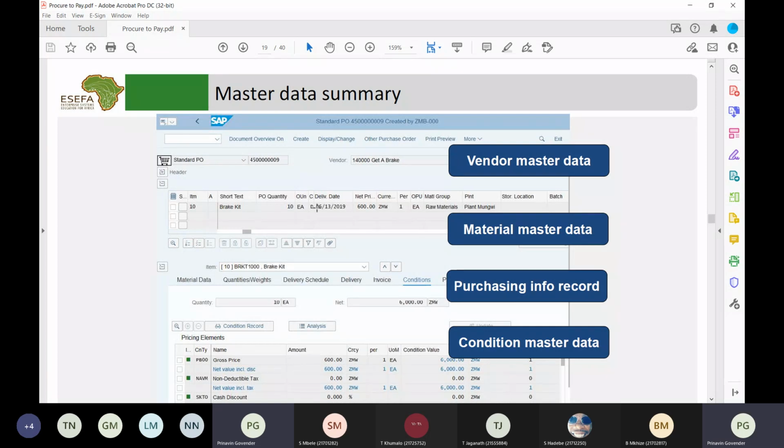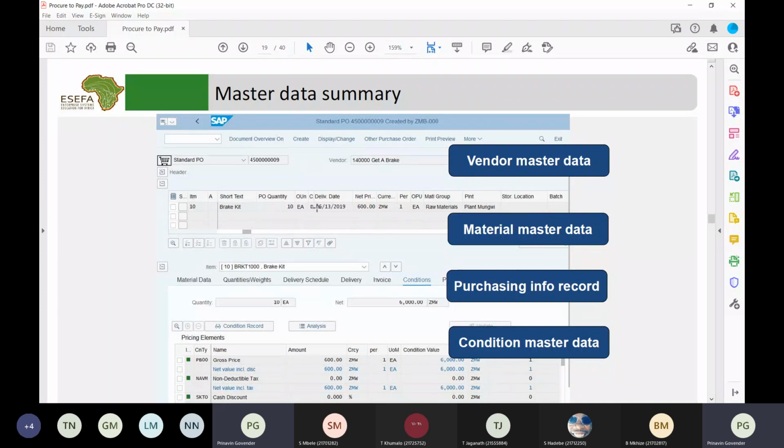That's cool. So let's talk about the master data summary. Now, this is the practical work that we will have to do in what they call a workshop or a lab session. If we were on campus, I would have taken you into the lab and you would have been sitting in front of a computer.